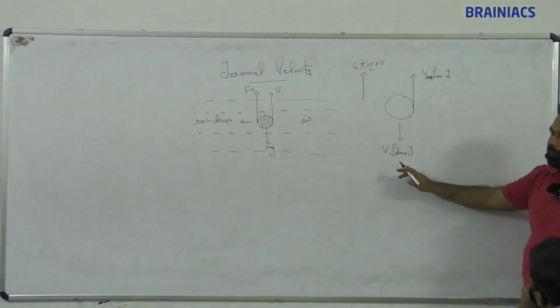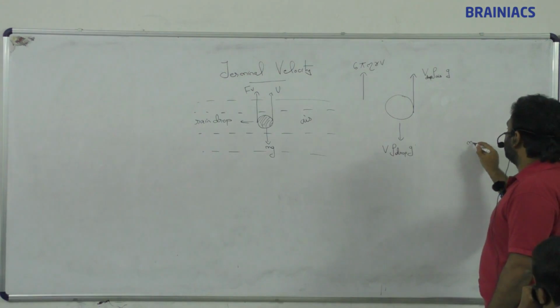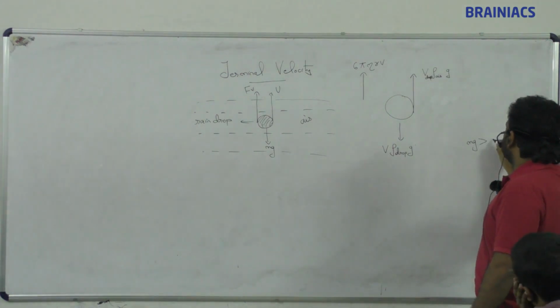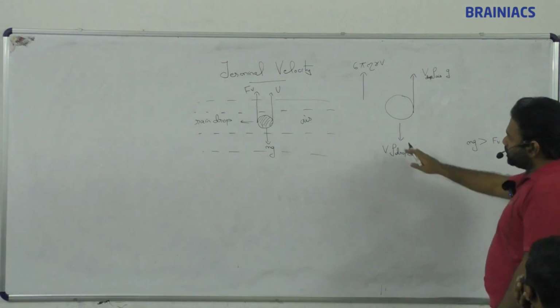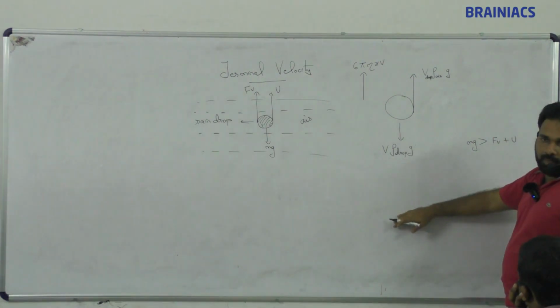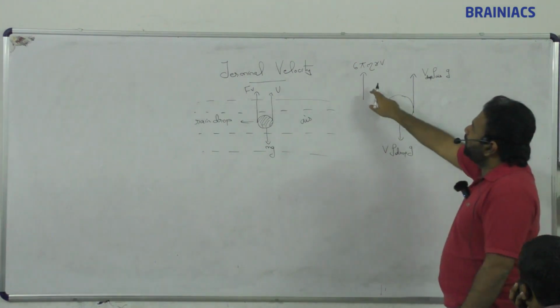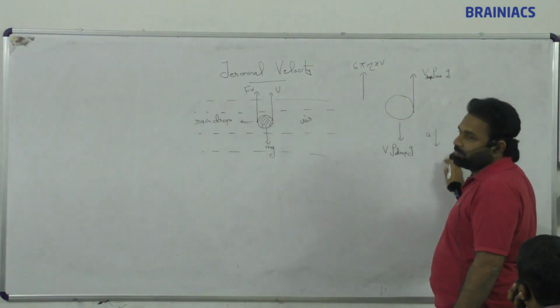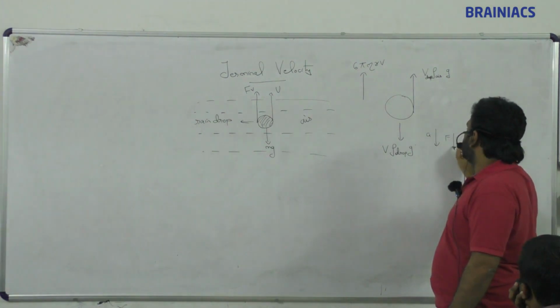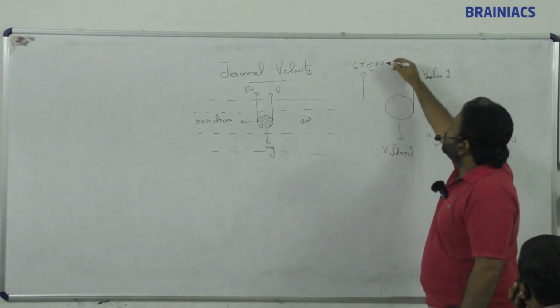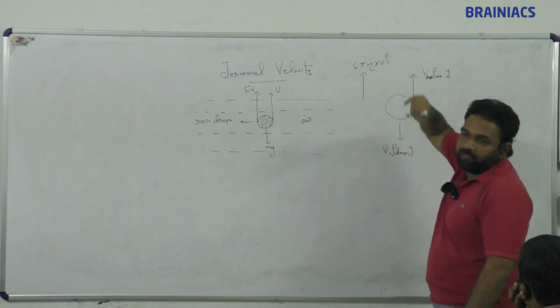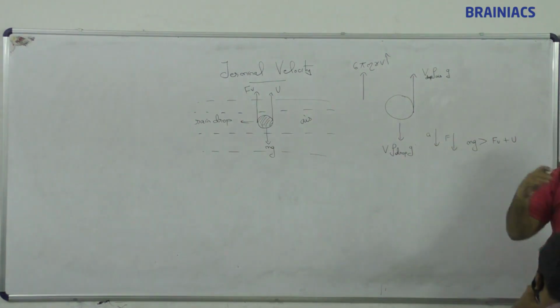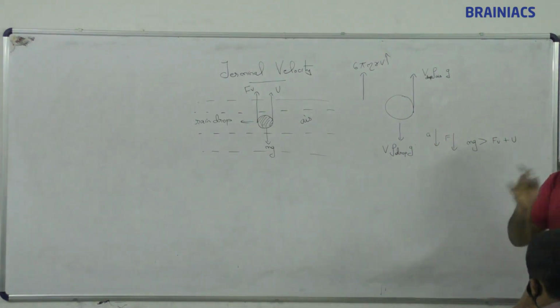So whenever this mg is greater than Fv plus upthrust, the drop will keep on coming down. Every time, since there is acceleration and force in this direction, the velocity will slowly increase. Velocity will keep on increasing.